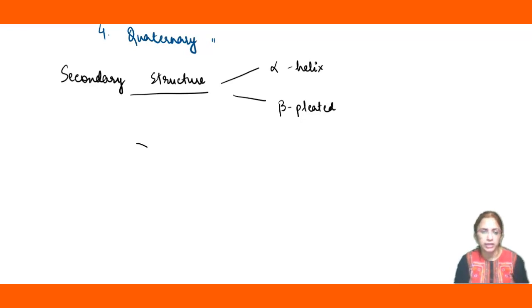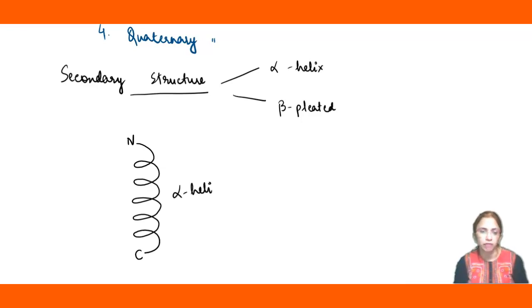Alpha helix is a right-handed helix. Means the amino acids will be there and they will form a helical structure. So this type of helical structure will start from N terminal, it will end at C terminal, and this is known as alpha helix.